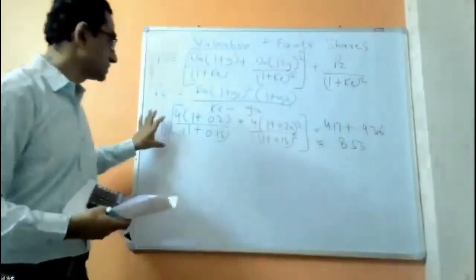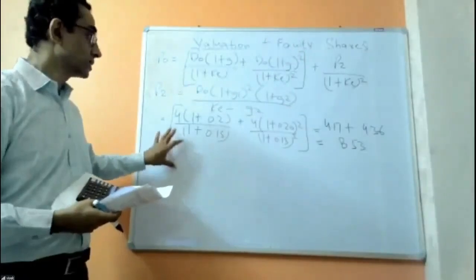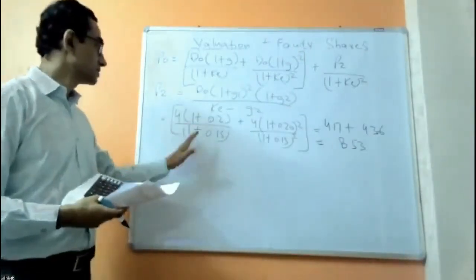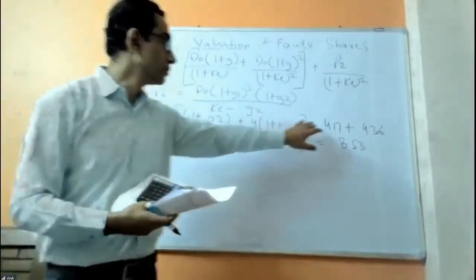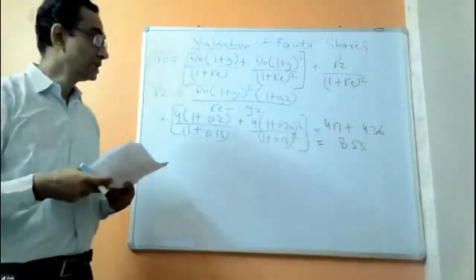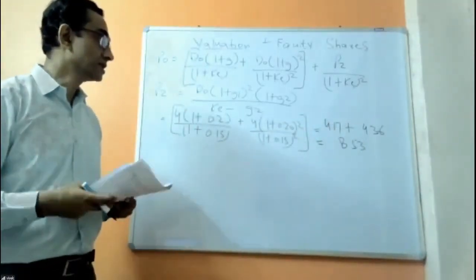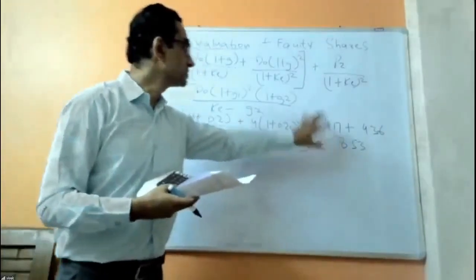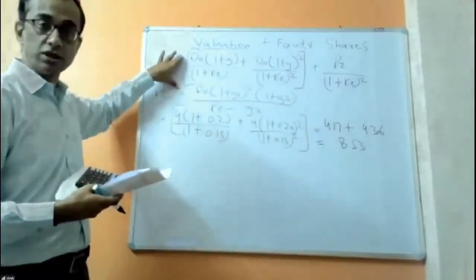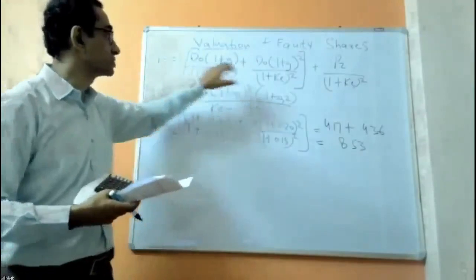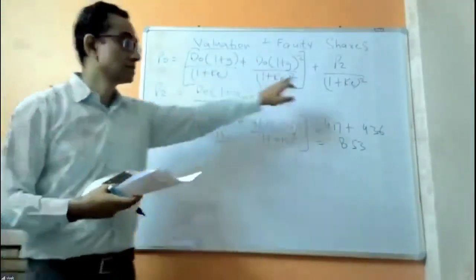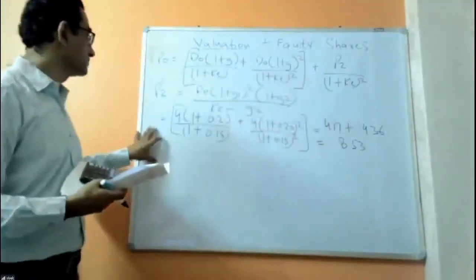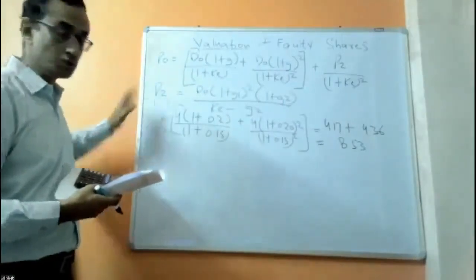You can take some time to solve it. This portion plus this portion is 4.17 plus 4.36, that is 8.53. So 8.53 is the present value for the extraordinary growth rate period, which is 20%. This is the bracketed portion. Fine. Now we proceed further and calculate the value of P2.